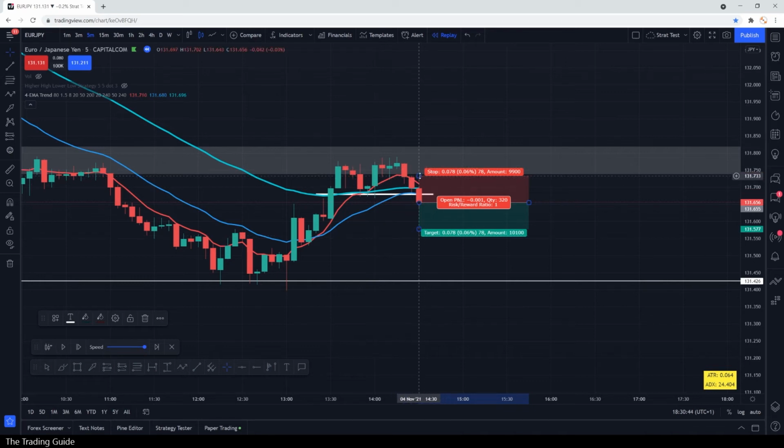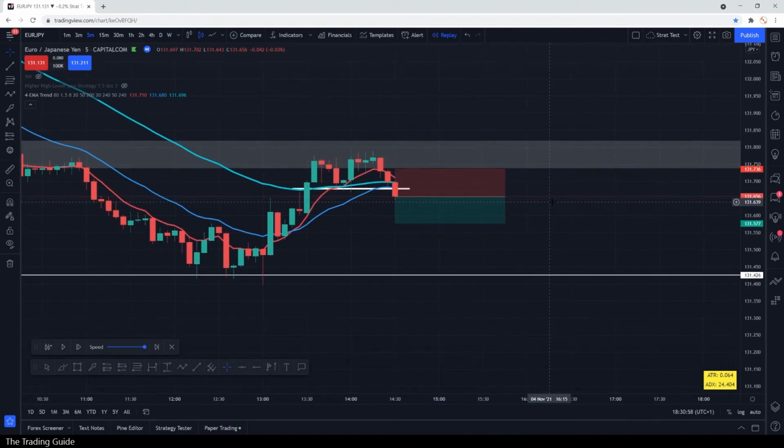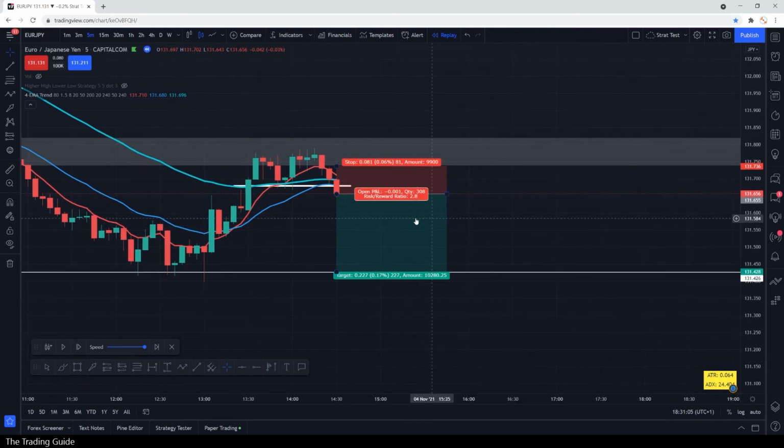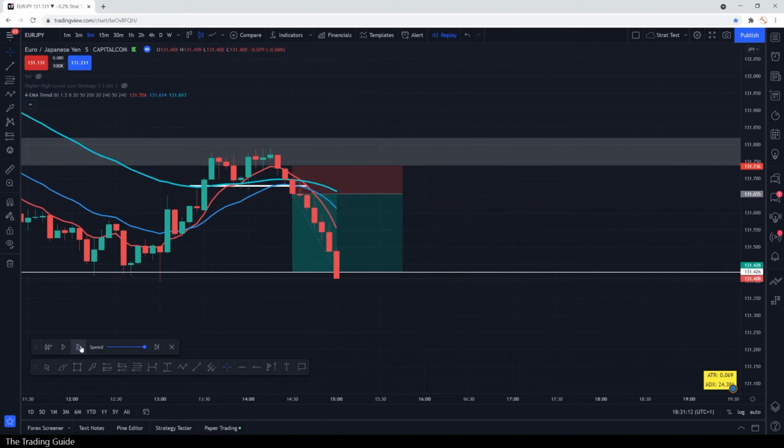Stop loss pretty tight at the open price of the previous one, and the take profit as defined. And we see the risk to reward ratio is pretty good. It's 1 to 2.8. Alright, so let's play this out, and you see the first take profit is hit easily.